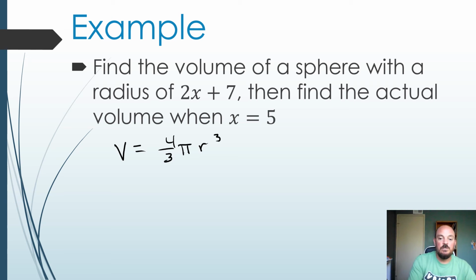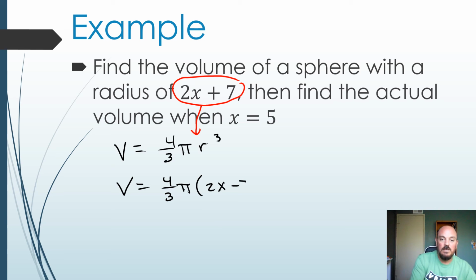So I want to take this expression and put it in there for r. So I'm going to have volume equals 4/3 pi times, in parentheses, 2x plus 7 to the 3rd power. Now that's actually the answer to the first thing I asked you. If I said what is the volume of a sphere with a radius of 2x plus 7, your answer is not a number, your answer is a formula.